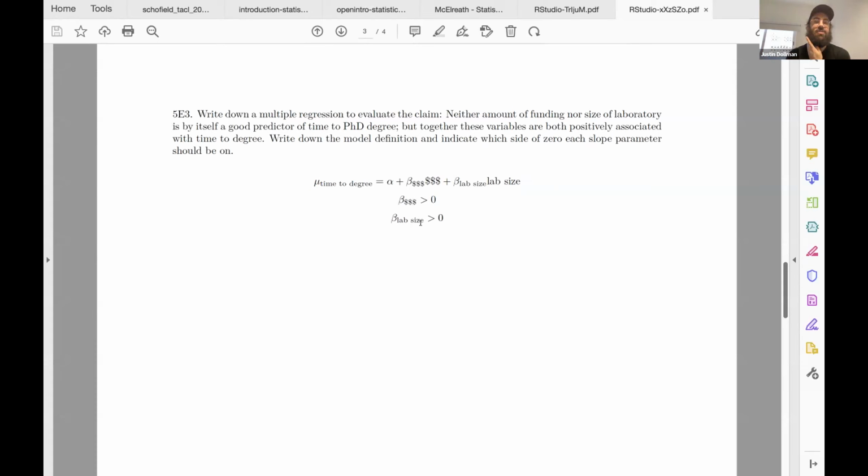I don't think this situation is possible. Because if these two things are related in the real world, as I think they have to be, funding and lab size, and you actually run this simple regression, instead of being biased towards 0, it will be biased upward.